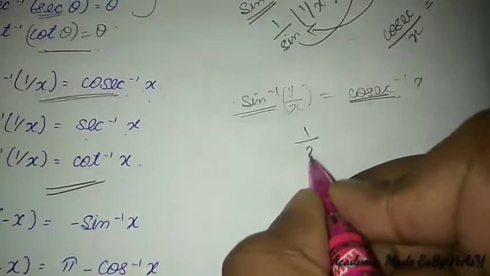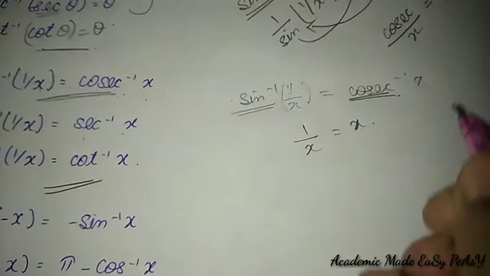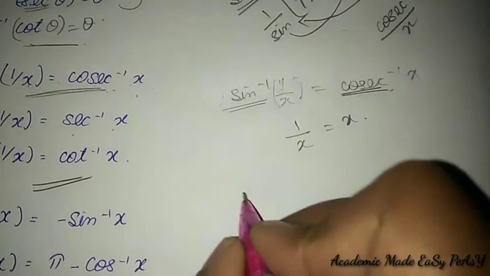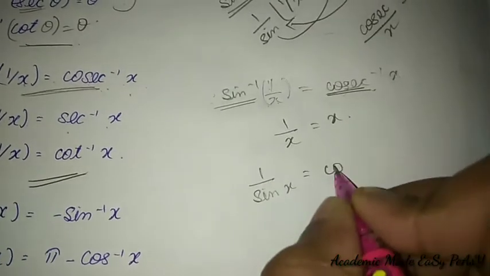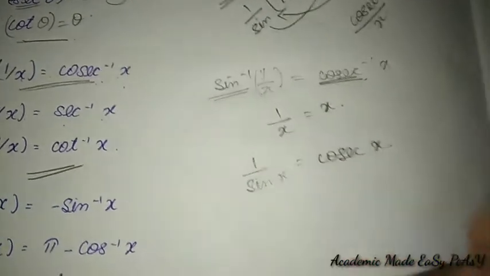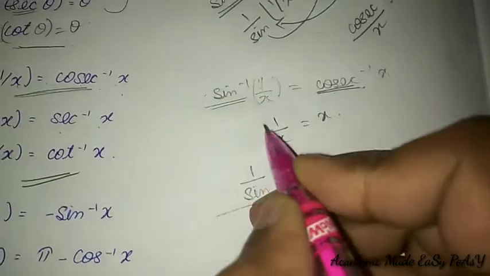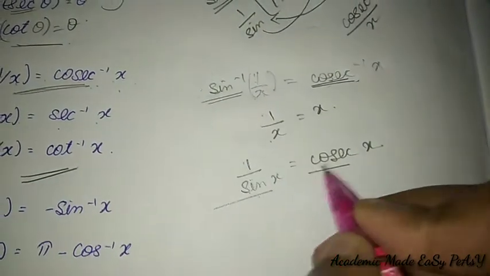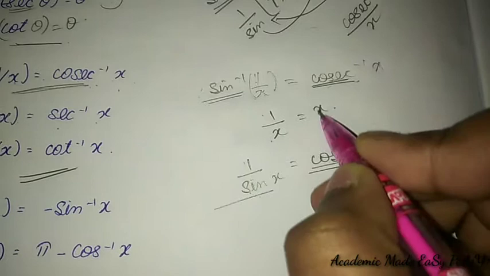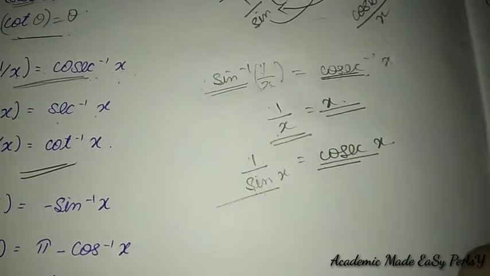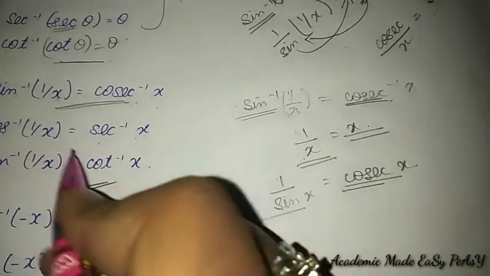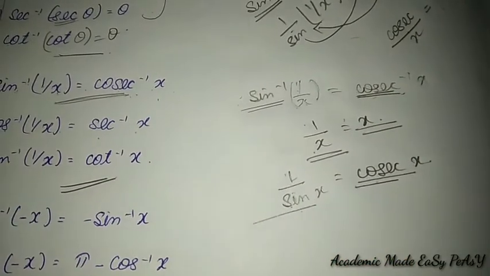It will be 1 by x is equal to x, just as I said already: 1 by sine x is equal to cosecant x. The same thing is here. Are you able to find it? If you do this for all of these, you will get the same.